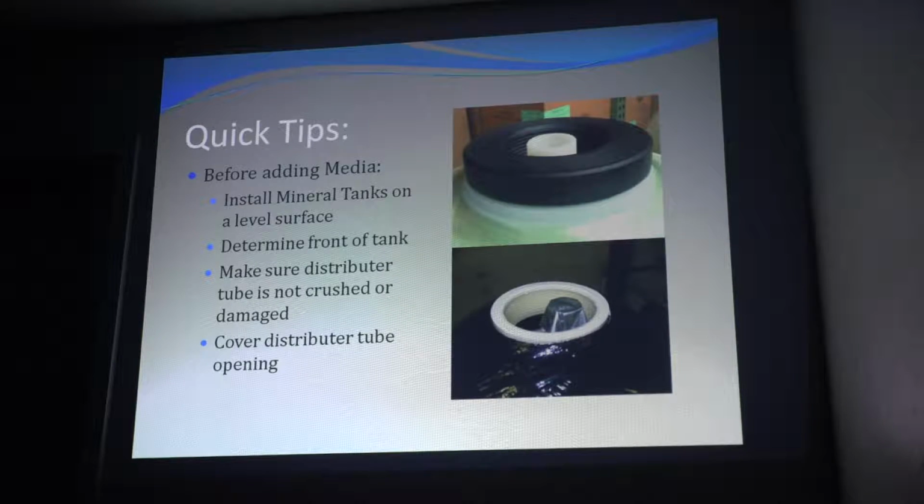Quick tips. Before adding your resin or your gravel, you must install the tank on a level surface. The smaller tanks that you work with the most have self-leveling feet, or bases.